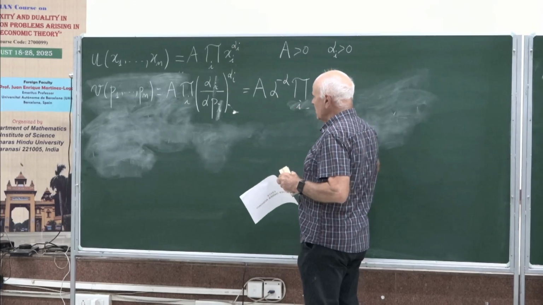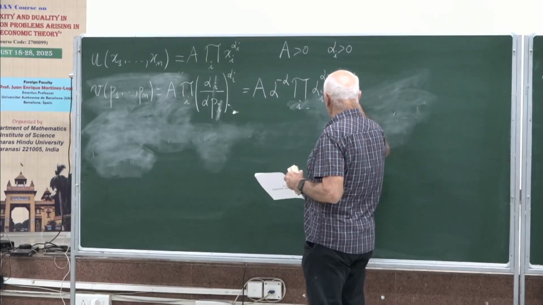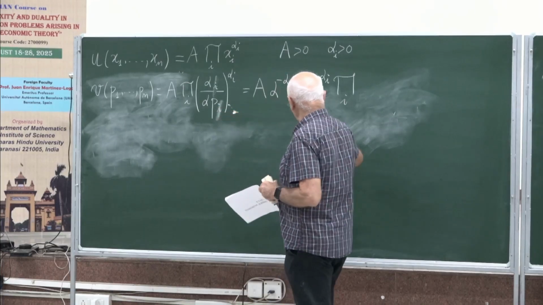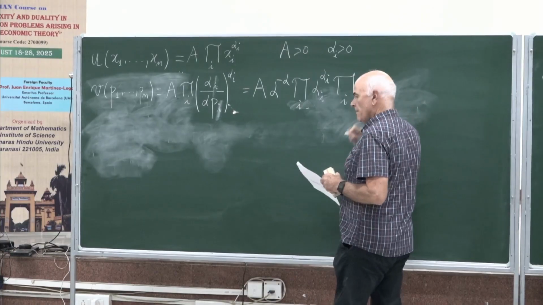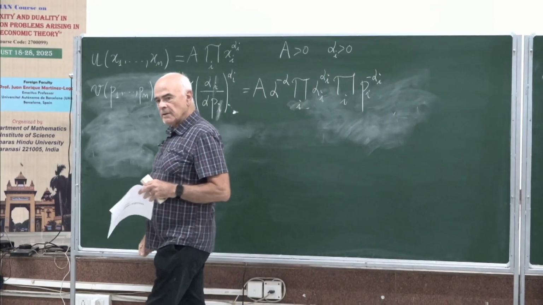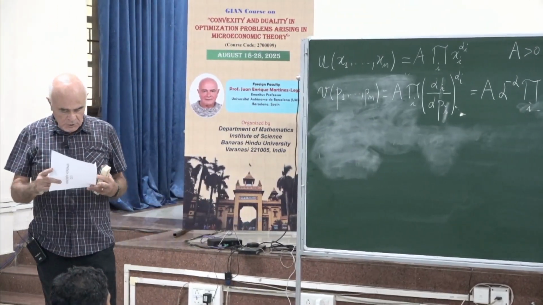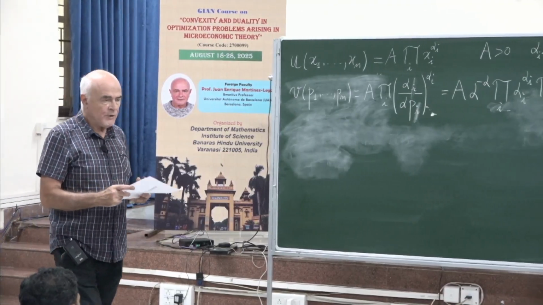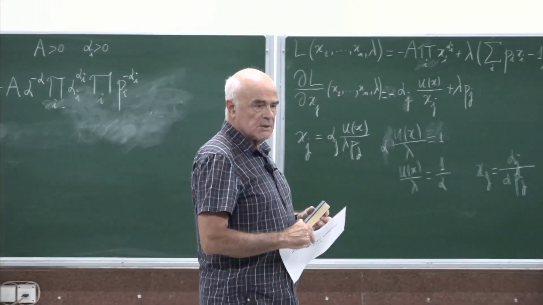So these are all the constants appearing here. And then the variables, which is the product of pi, which is in the denominator, to the power minus alpha i. So this is the expression of the indirect utility function in the Cobb-Douglas case.